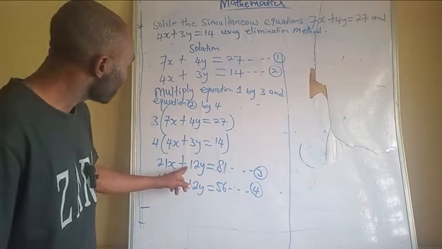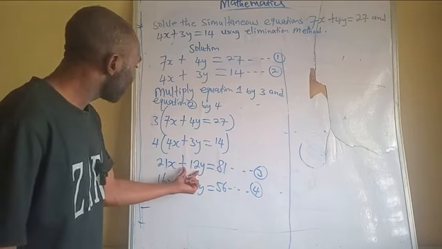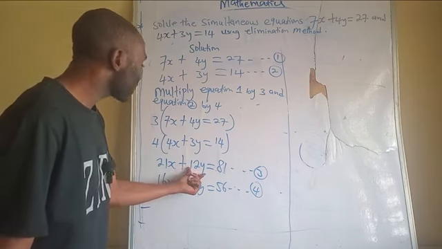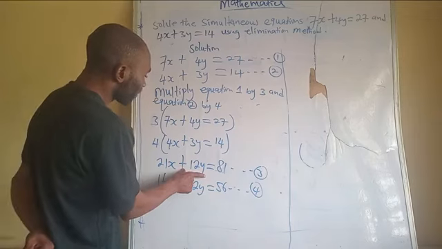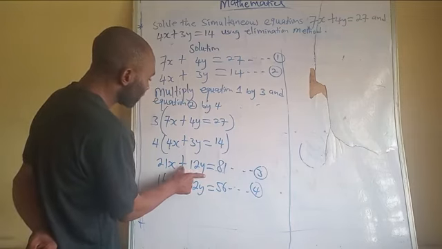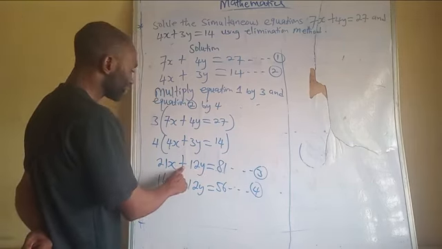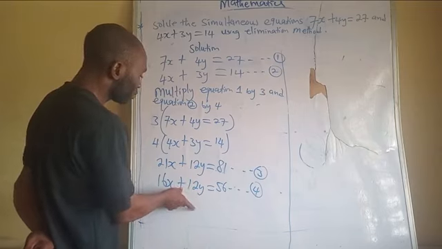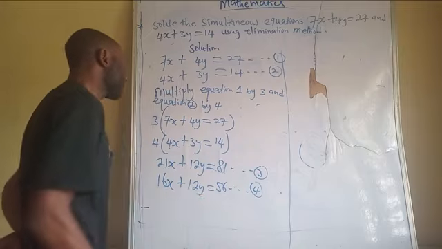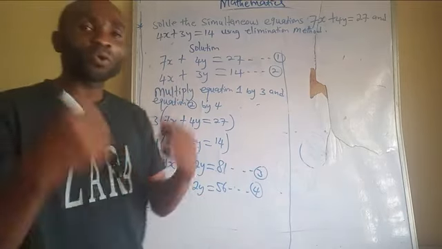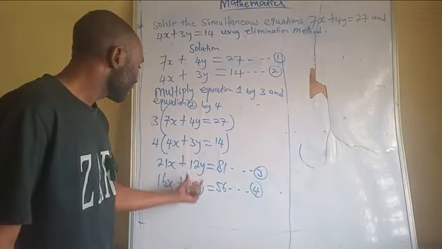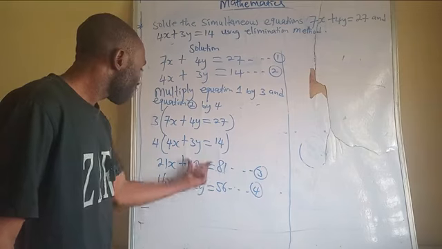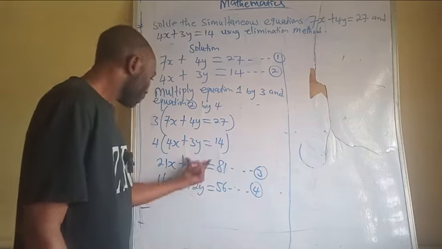Since equation 1 and equation 2 have a positive sign, positive means plus. In equation 3, y also has a plus sign, and in equation 2 it has a plus sign. So we bring in an opposite sign that will make it eliminate these two numbers.